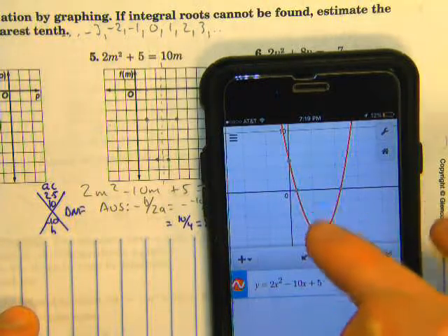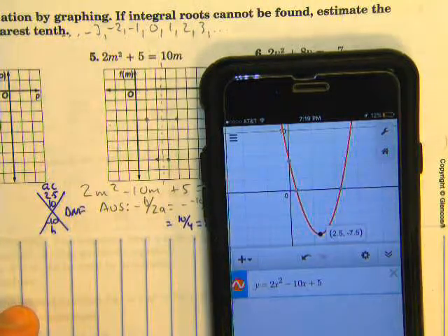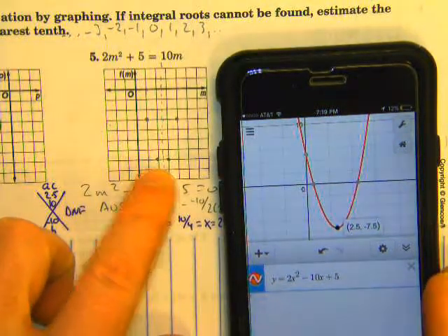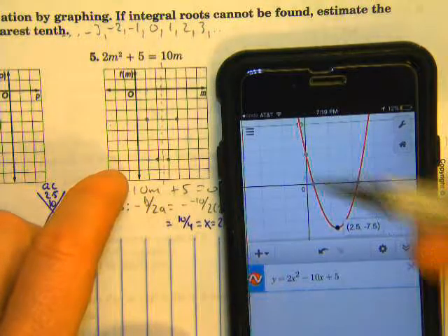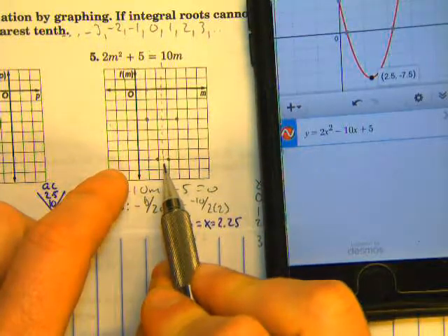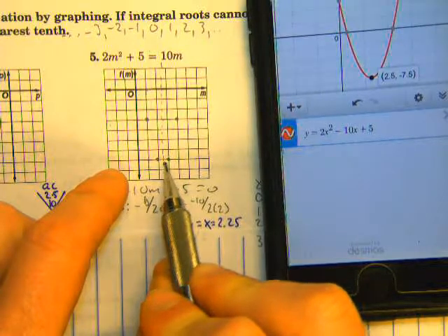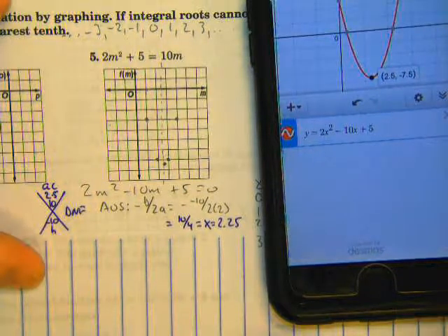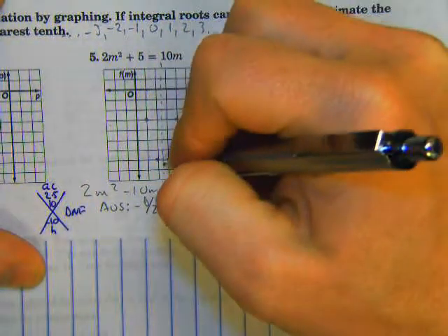There's my 2.5, negative 7.5. Well, that makes sense if those are both 7. 7.5 would be right here. So, looking good. And I just continued this off.